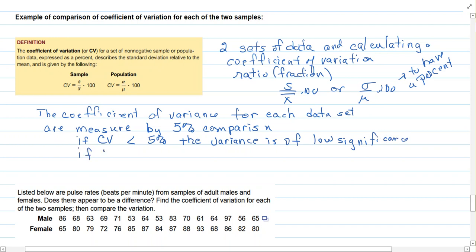If the coefficient of variance is greater than 5%, then the variance is significantly high.